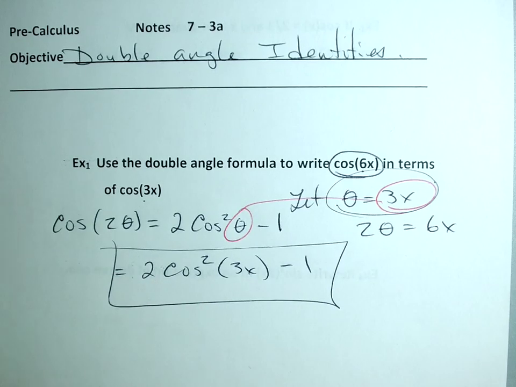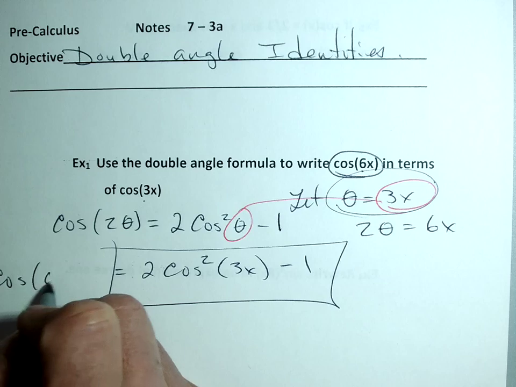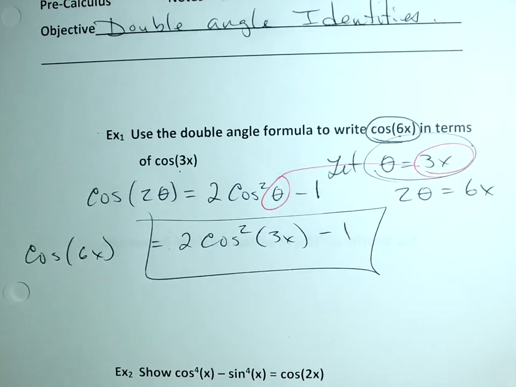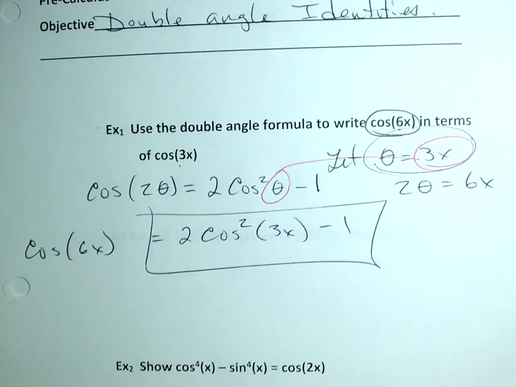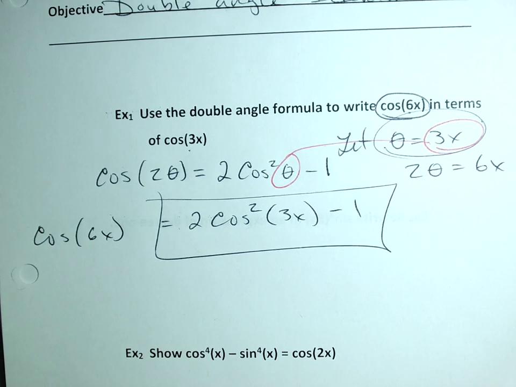And that's it. Cosine of 6x is equal to 2 cosine squared of 3x minus 1. Hopefully that was as easy as I thought it was.